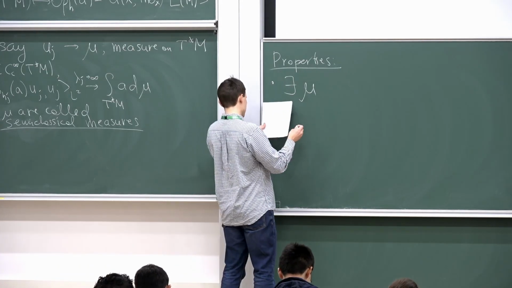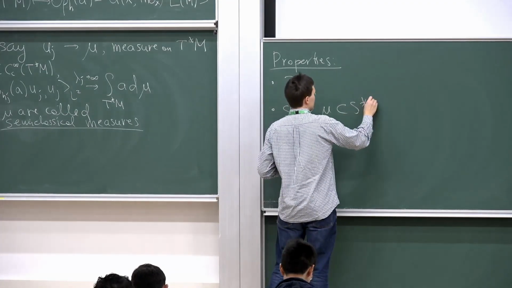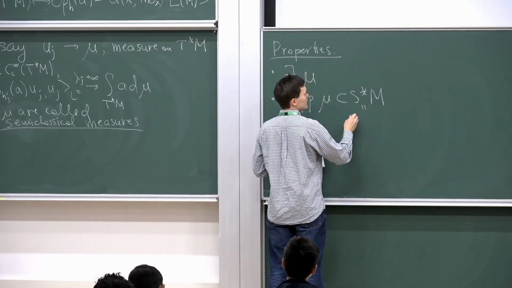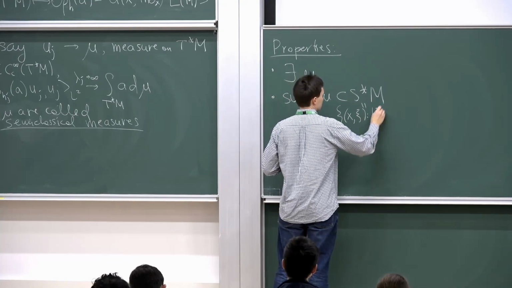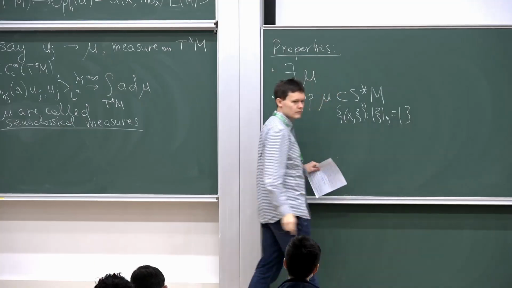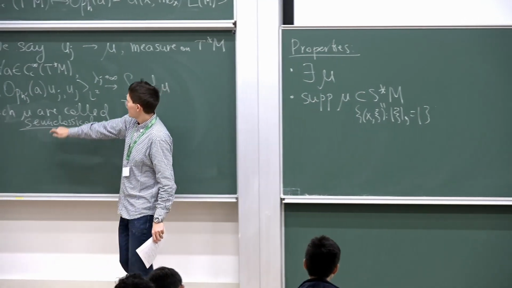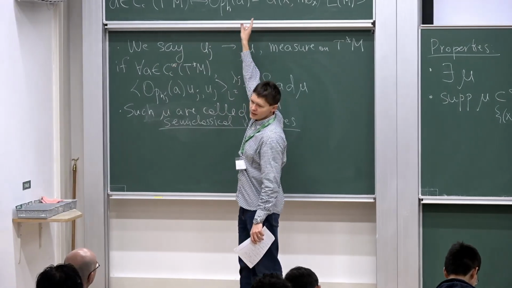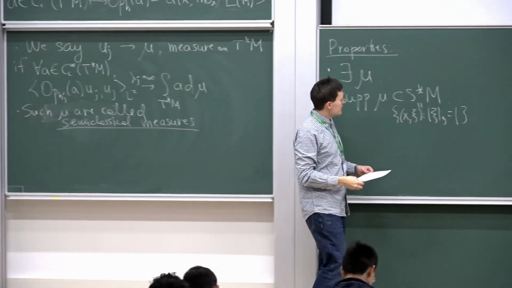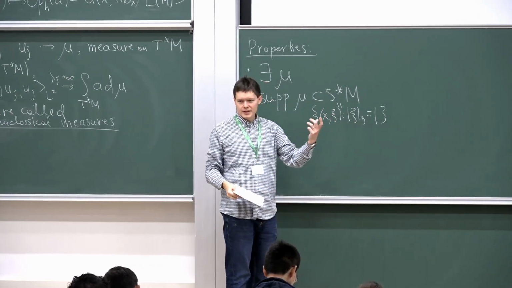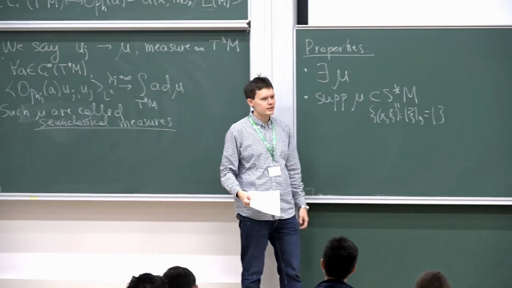Next thing is that the support of each semi-classical measure is inside the co-sphere bundle. And that has to do with how I normalized, the fact that I took h_j here, which is related to the Laplace eigenvalue. So they oscillate at a big frequency, lambda.